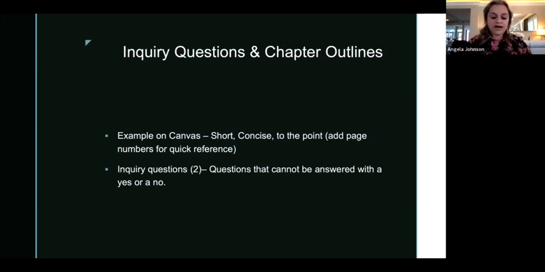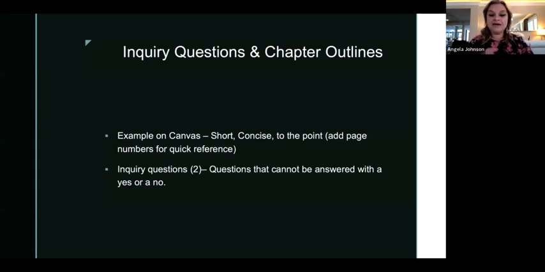I want your chapter outlines to be short, concise, and to the point. Bulleted points will be great. I want you to add page numbers for reference so that you remember where you got the information, and then you can go back and read more if you need more information about those specific topics. Believe me, you're going to thank me later.